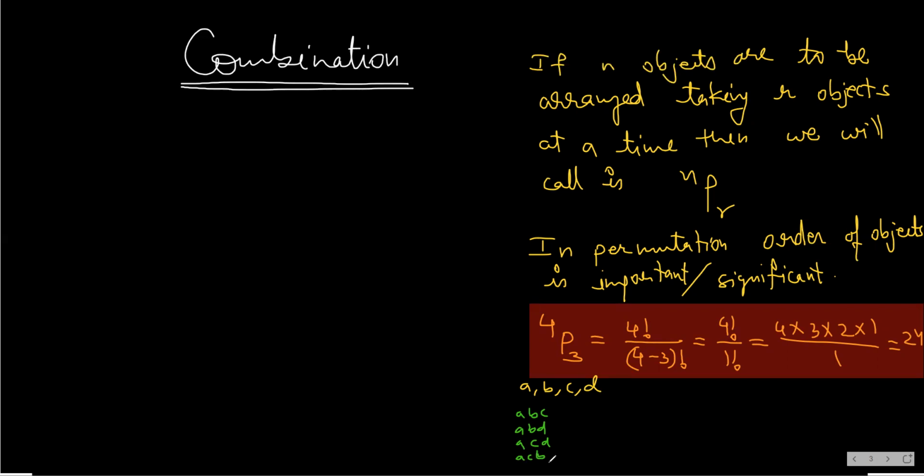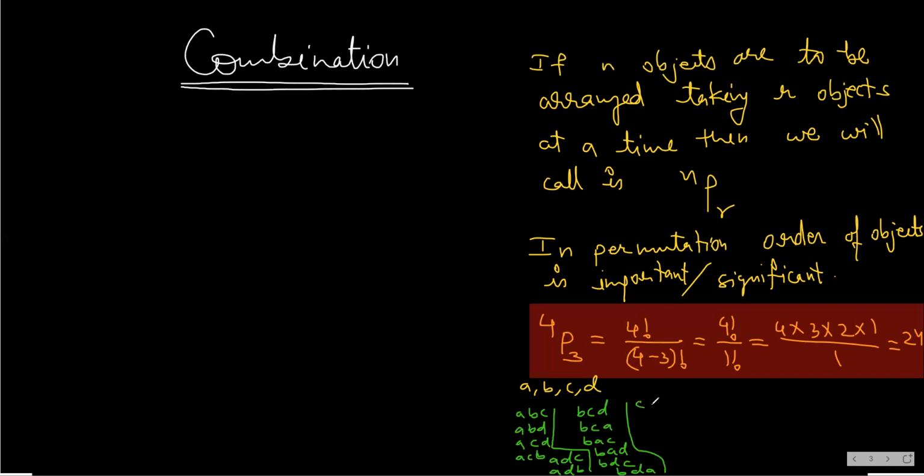You will have ADC and ADB. You will have BCD, BCA, BAC, BAD, BDC, and BDA.